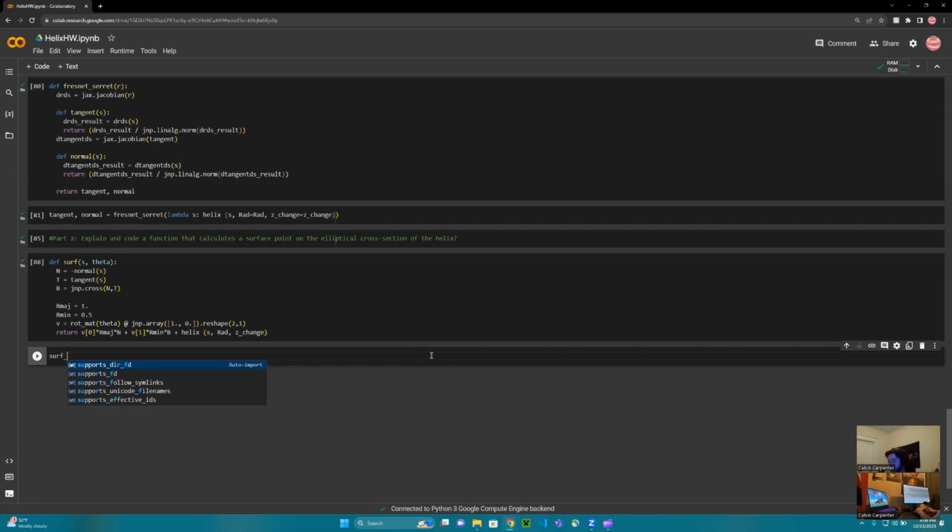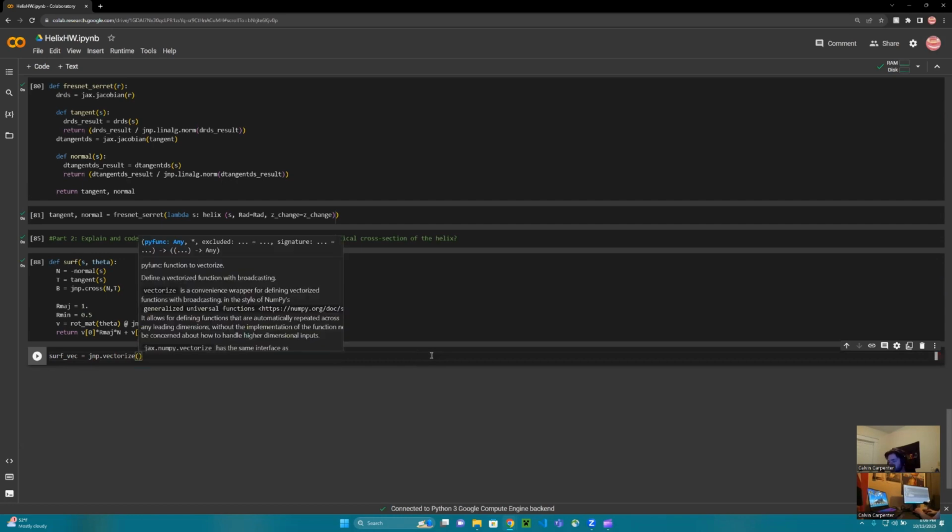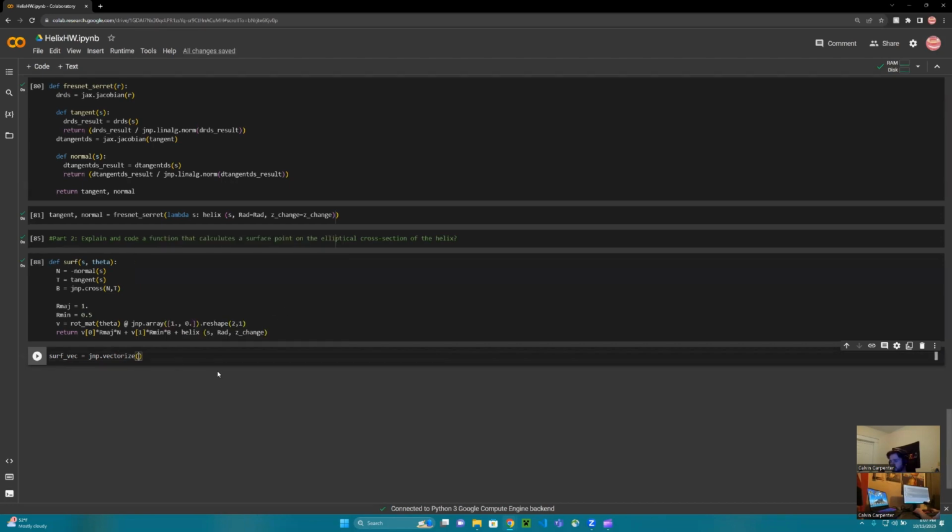So surf vec equals JMP vectorize, our surf function, signature, zero, zero, I don't know, I think it's this thing, 3.